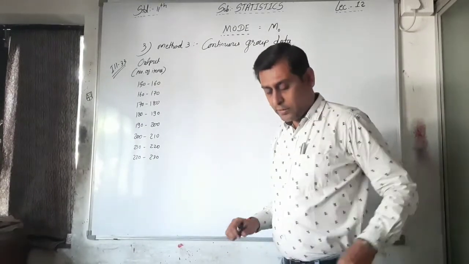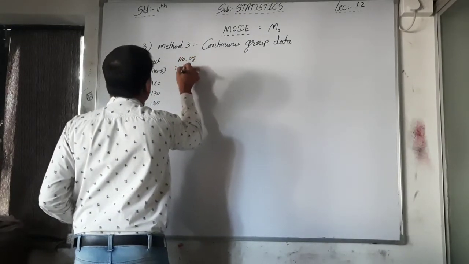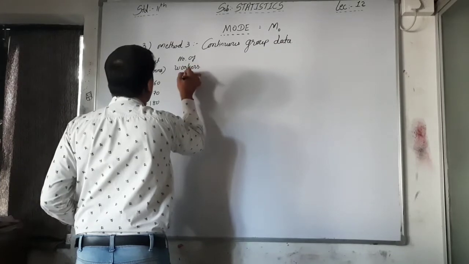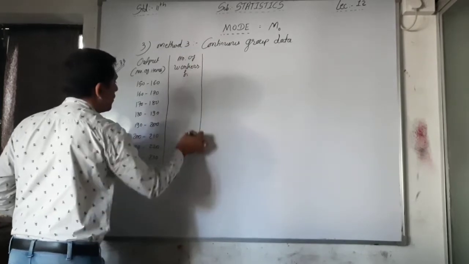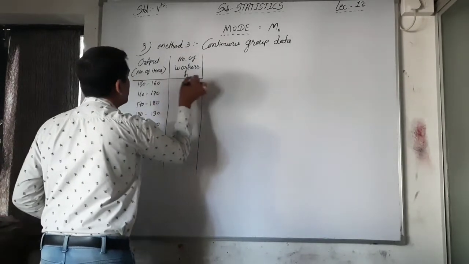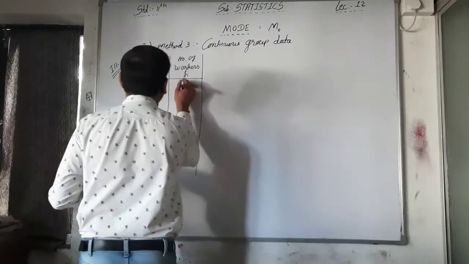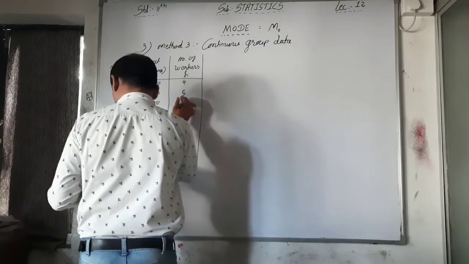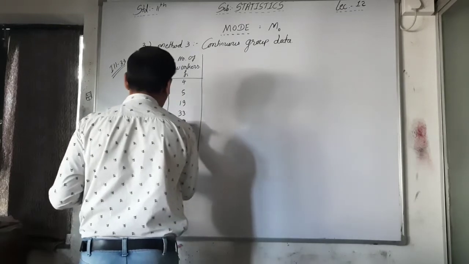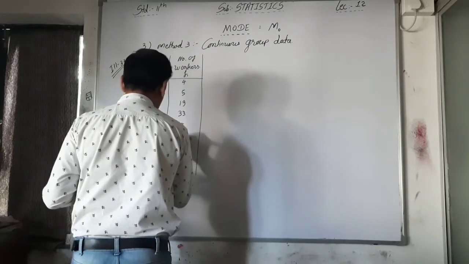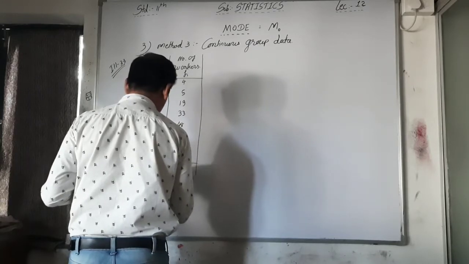Now the number of workers, that is your F, frequency: 4, 5, 19, 33, then 48, 22, 12, and 6.